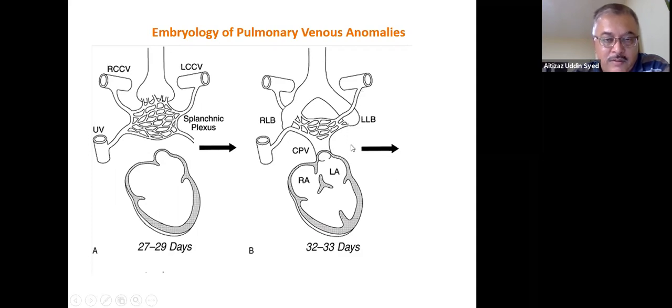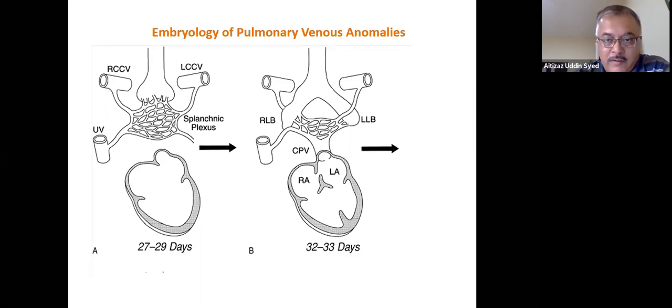As we all know, the systemic veins, which are cardinal veins and umbilical veins, ultimately join one sinus vein, which drains to the atrium, which is initially common, but then with the septation they shift more toward the right side. So the systemic veins mostly go to the right side, and the pulmonary veins develop, obviously, not as one process of involution or progression of one structure.